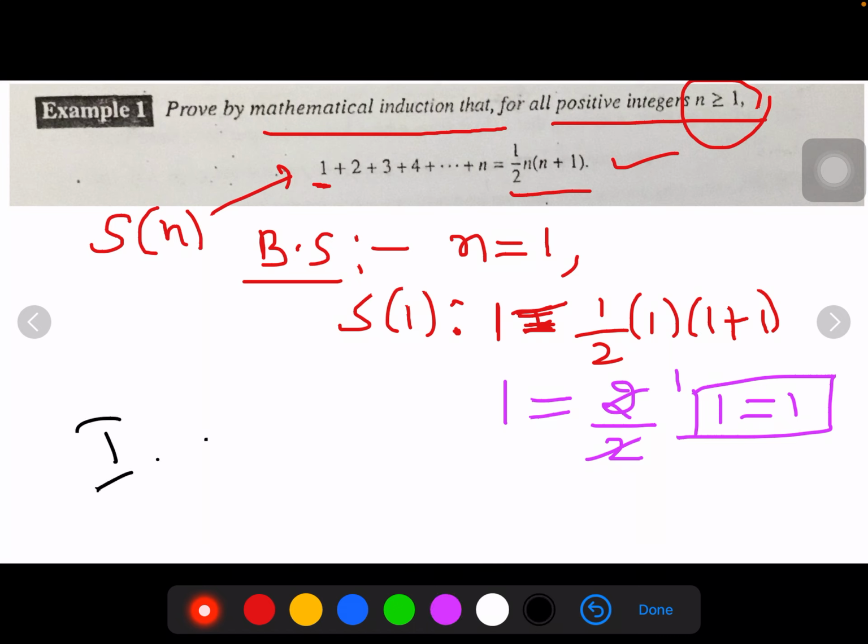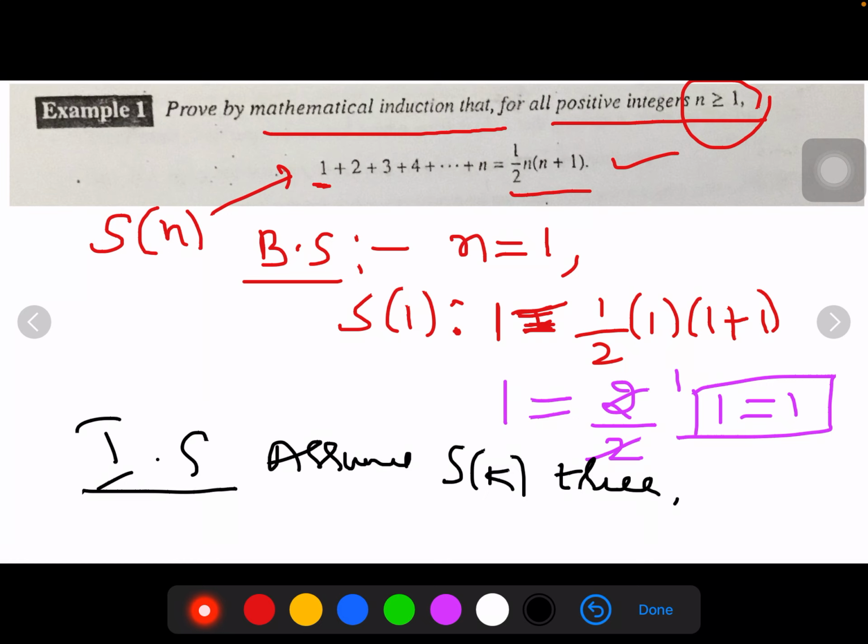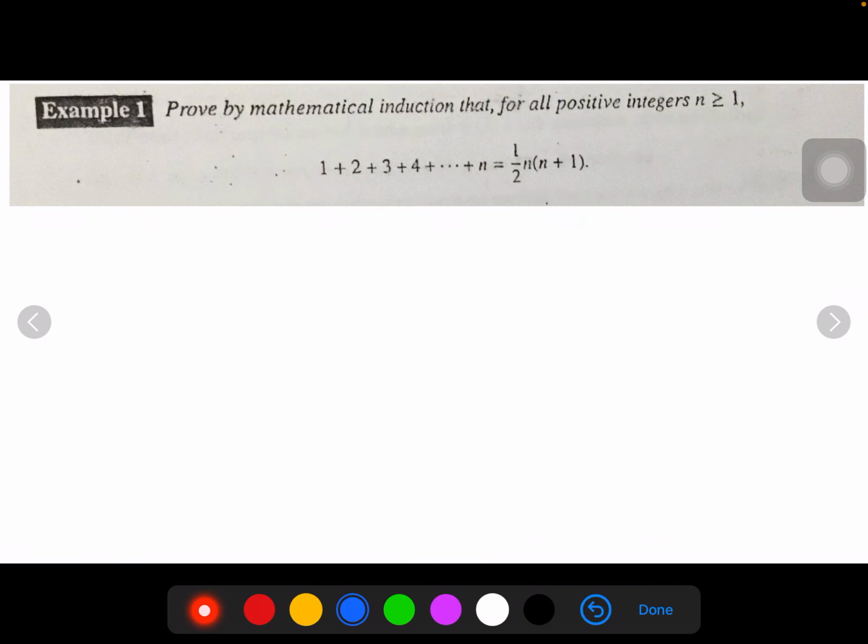Next induction step says that assume that S of k is true. So after assuming that, we have to prove it for S of k plus 1. So for that, what we have to prove is S of k plus 1, and we will see that what we have to prove in the given statement.